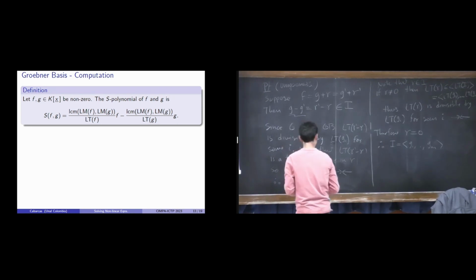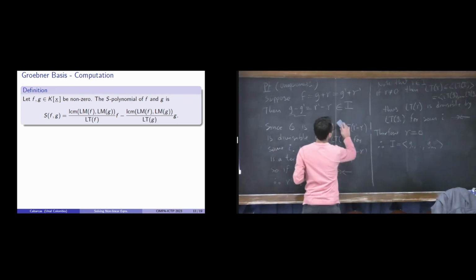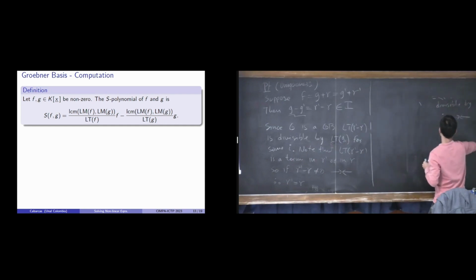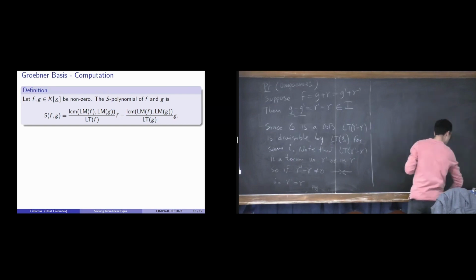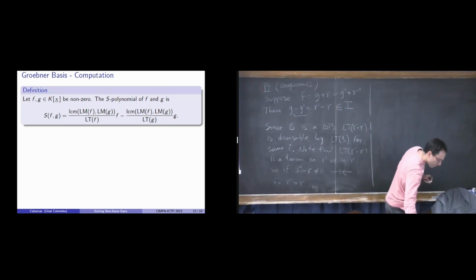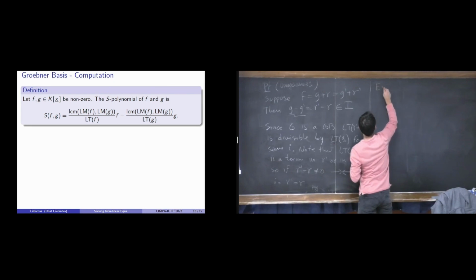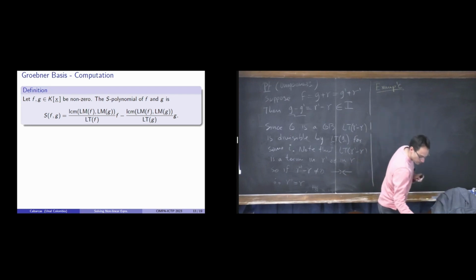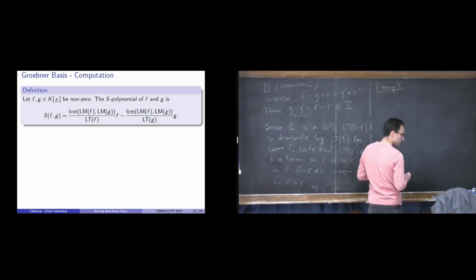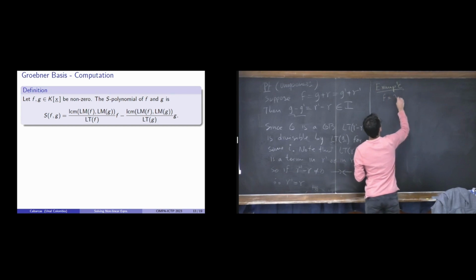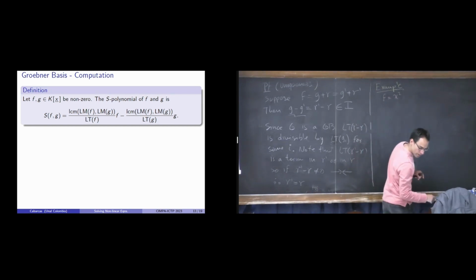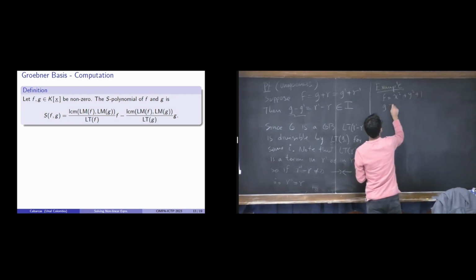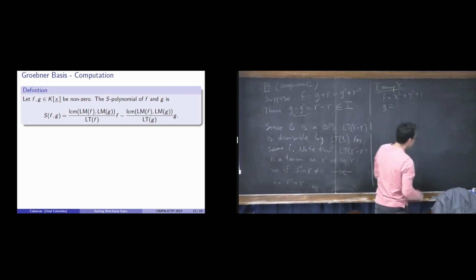Let me show an example. Let F be x squared plus y squared minus 1, and let's take G to be xy minus 1.